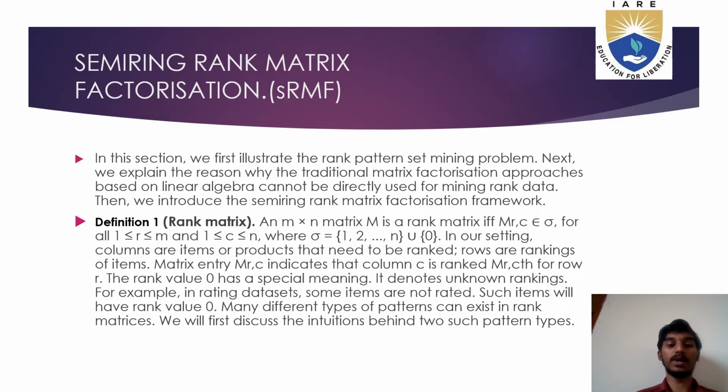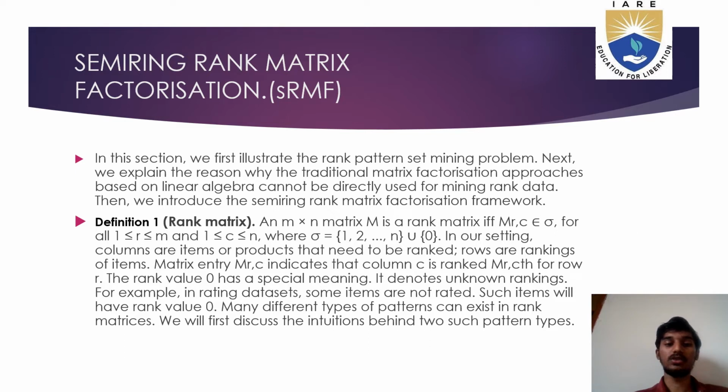Definition 1. Rank matrix. An M by N matrix M is a rank matrix if and only if M(r, c) belongs to sigma, for all 1 ≤ r ≤ M and 1 ≤ c ≤ N, where sigma is equal to {1, 2, ..., N} union {0}.